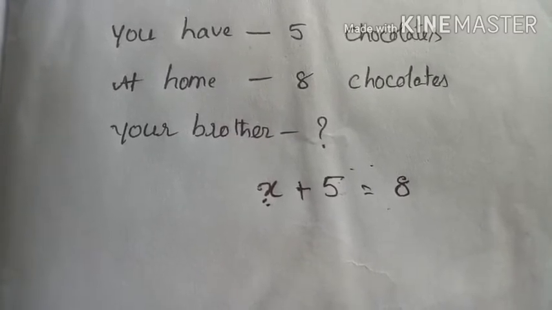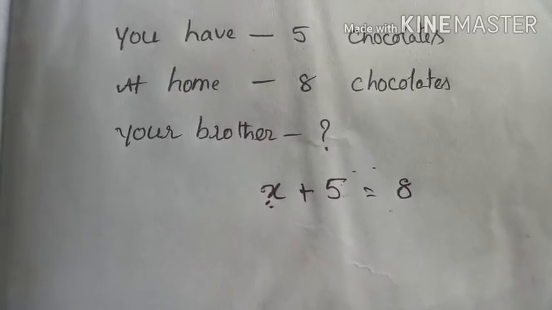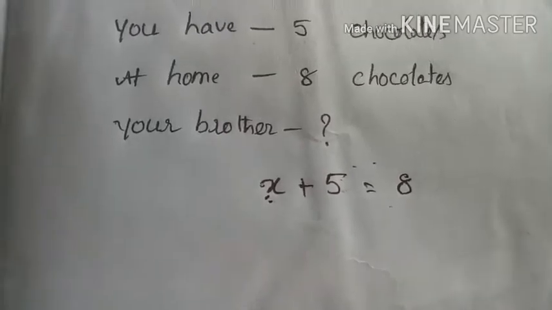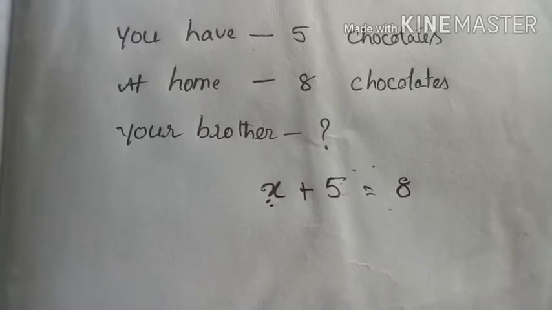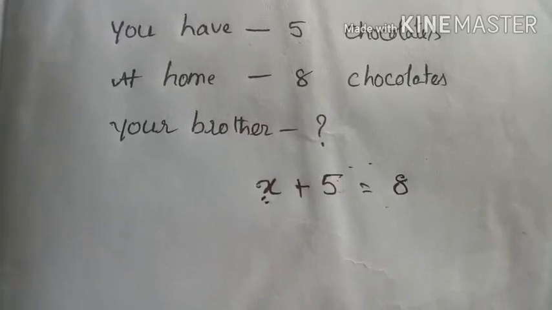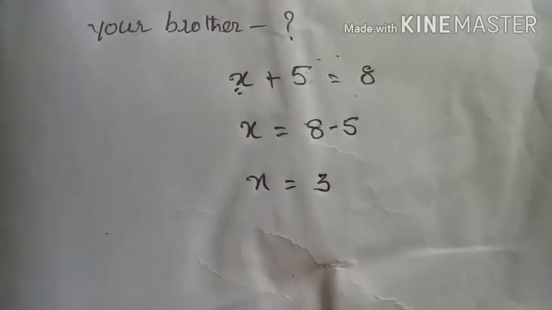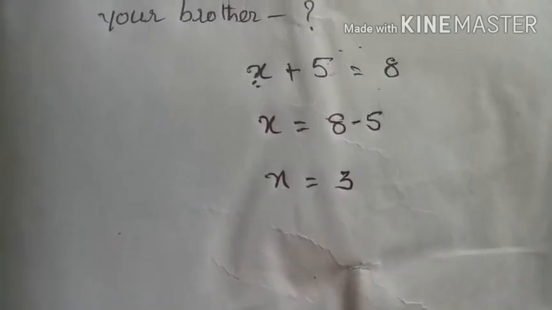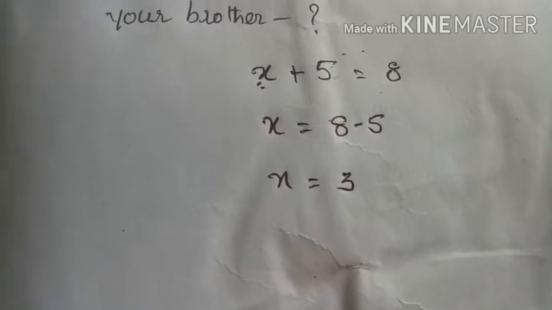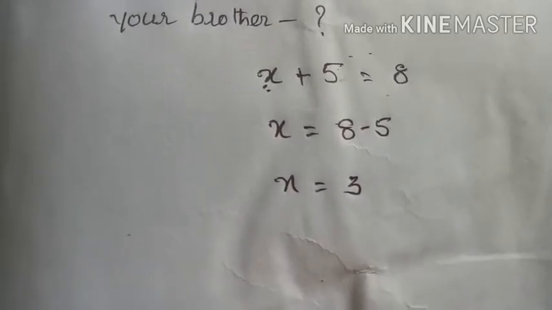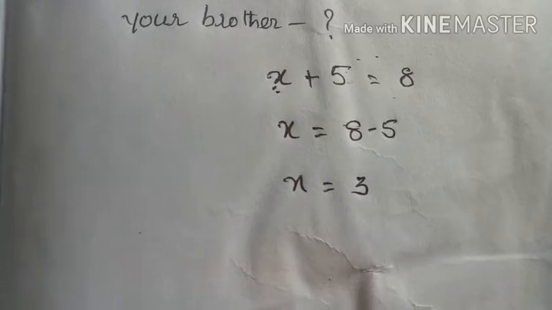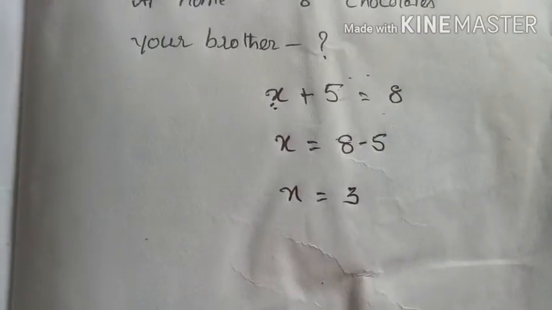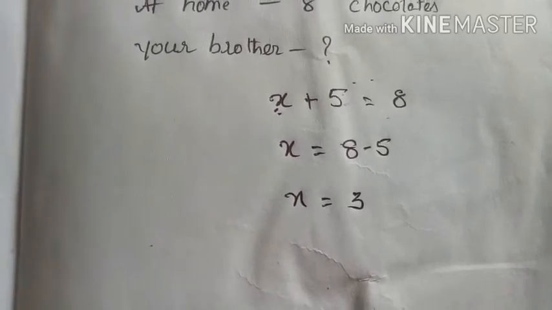If you solve this equation, you will get the value of x, that means how many chocolates your brother has. Now solve it, using the transposing method, and find the value of x. Your brother has 3 chocolates. Such problems you sometimes face in day-to-day life. So this is a very simple example to find the x value.